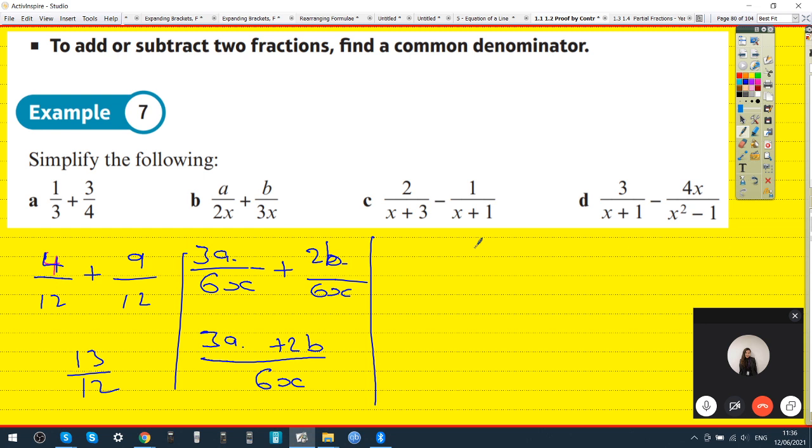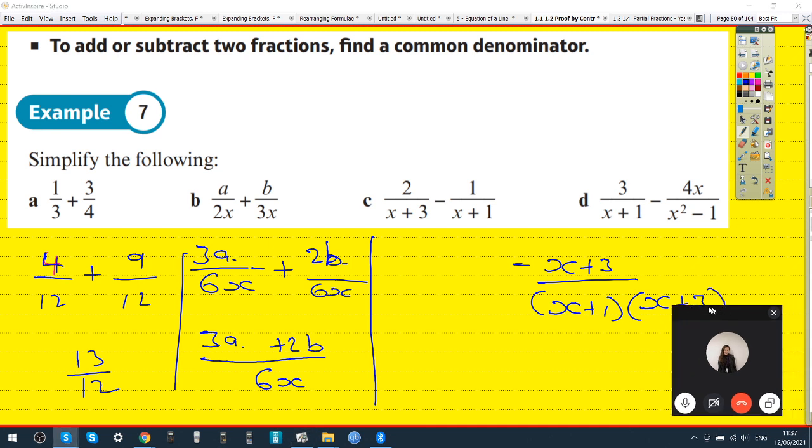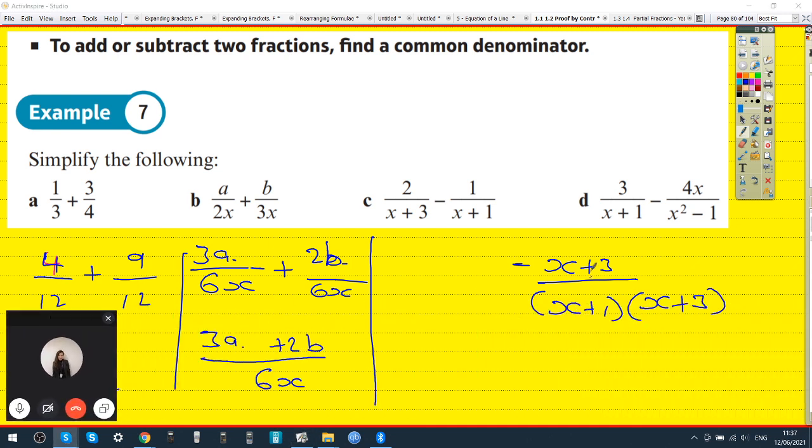So could you make the right just x plus 3? Yeah. And the top can become also x plus 3. The bottom will be x plus 1 times x plus 3. So that's your common denominator, those two multiplied by each other.